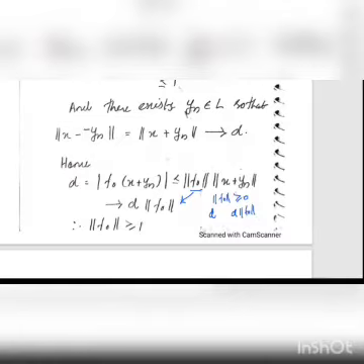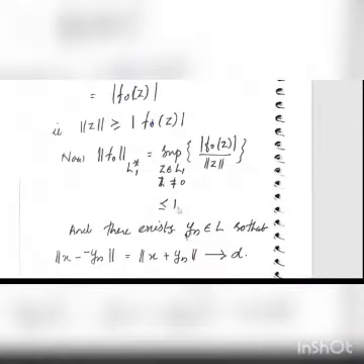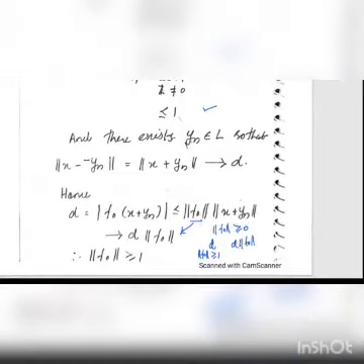So the only possibility is that norm of f naught should be greater than or equal to 1. Just previously you have got norm of f naught is less than or equal to 1, and here norm of f naught is greater than or equal to 1. So we can conclude that norm of f naught is equal to 1.